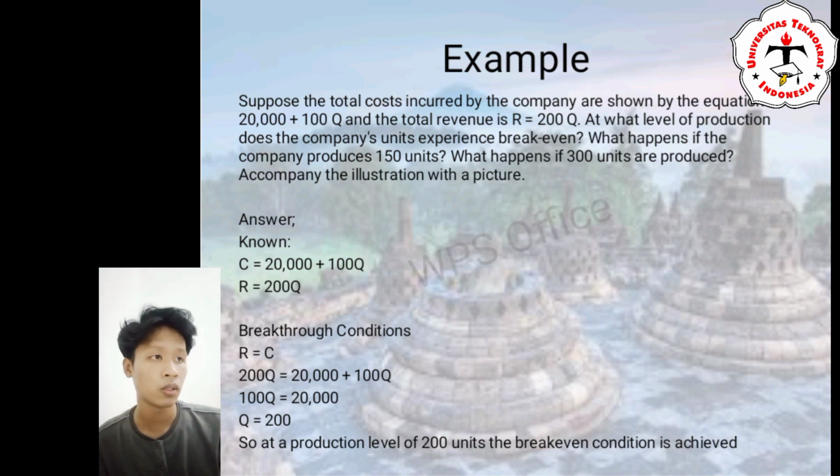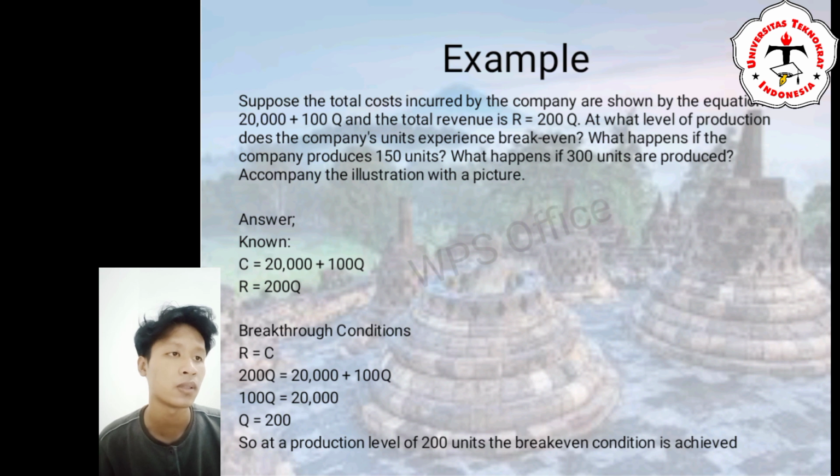At what level of production does the company experience break-even? What happens if the company produces 150 units? What happens if 300 units are produced? Illustrate with a picture.